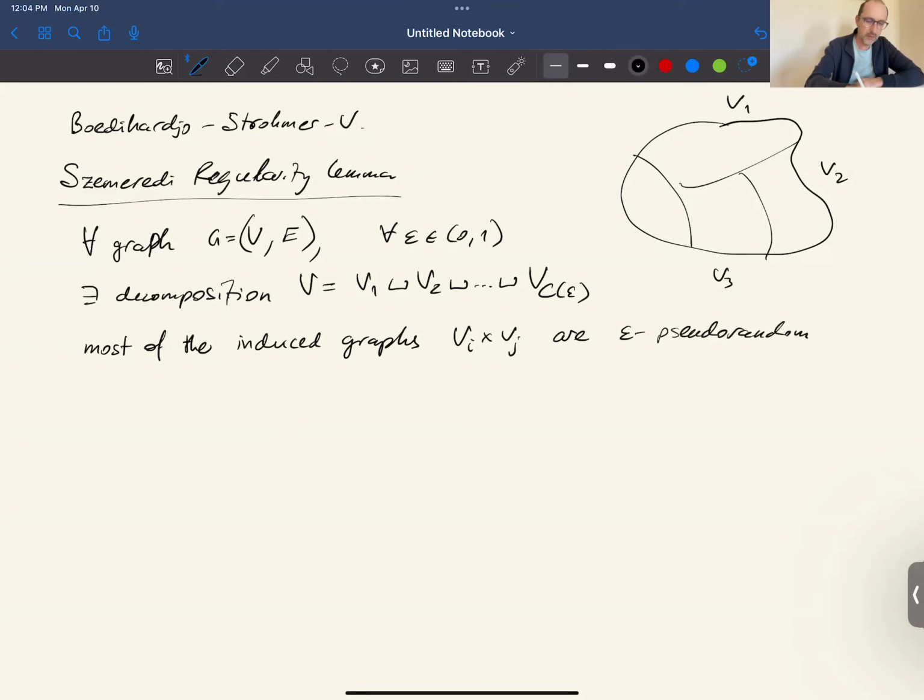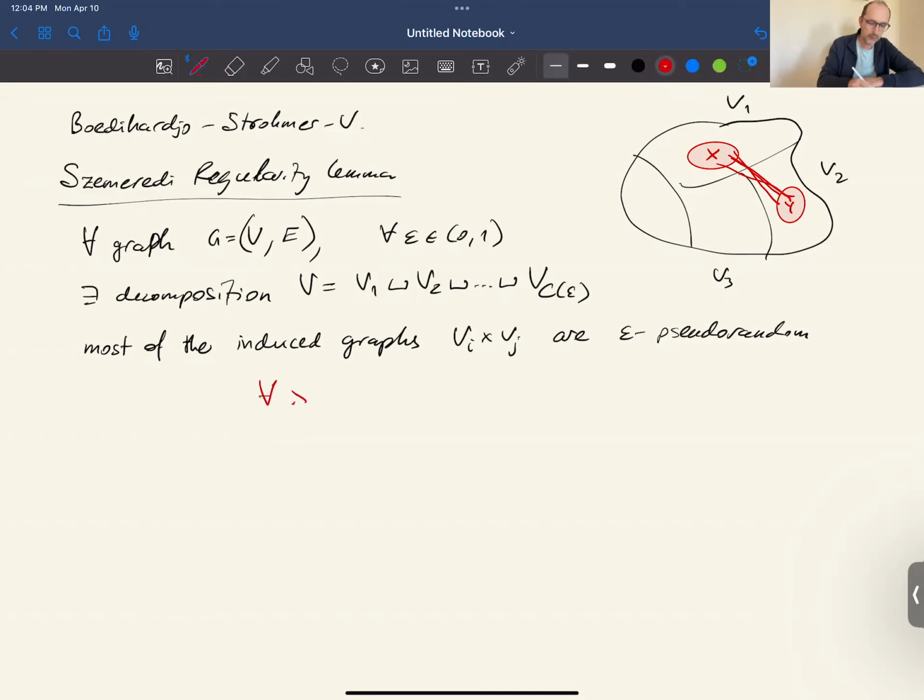Technically, this means that if we look at any subset here and any subset here of vertices, and we ask how many edges cross from X to Y, that number will be proportional to the sizes of X and Y. So pseudo-random, let's say it more precisely.